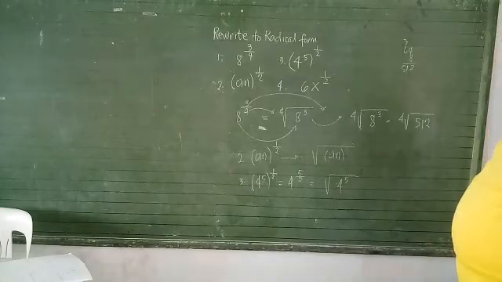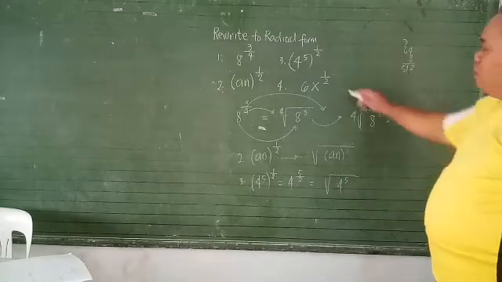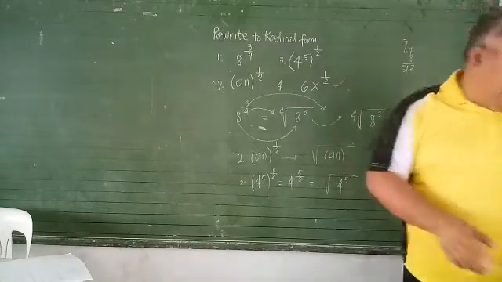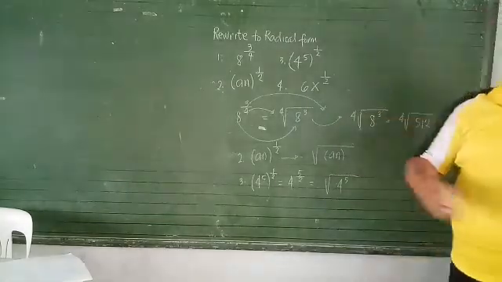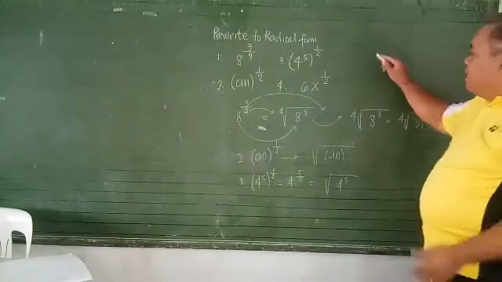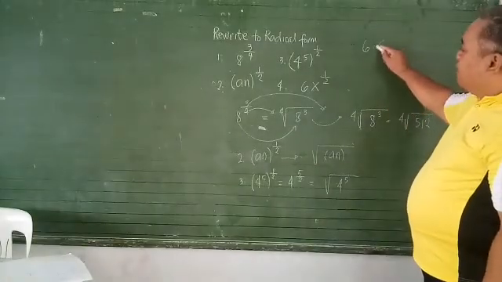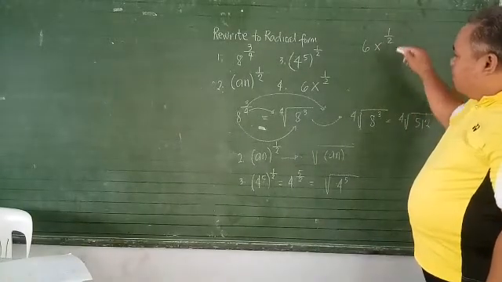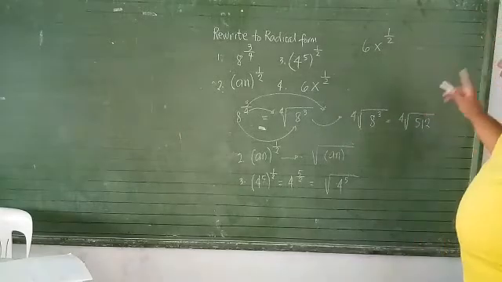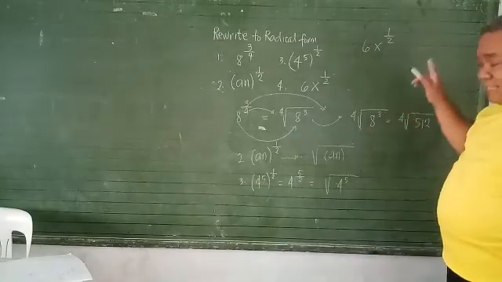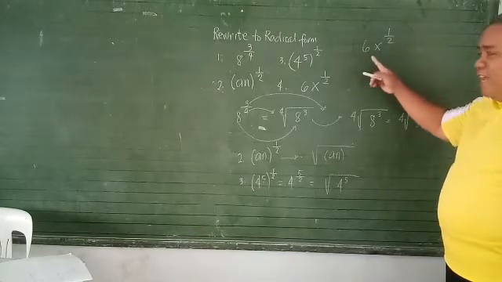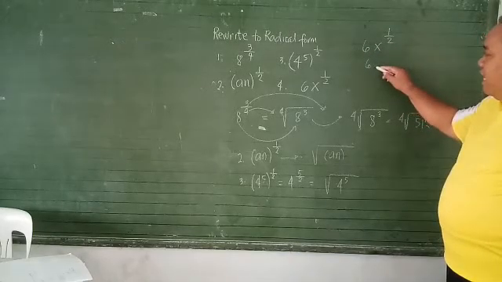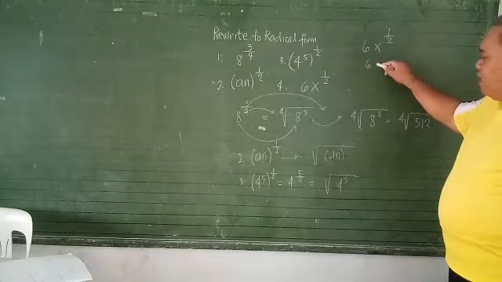That would be the radical expression which came from the exponential expression, quantity 4 to the 5th raised to 1 half. What about the other one? In number 4, we have 6, then x to the 1 half. Let's look, where is the exponent? It's clearly stated that the exponent is only for x, so 6 is not included. So this is 6, then only x will get the radical sign.